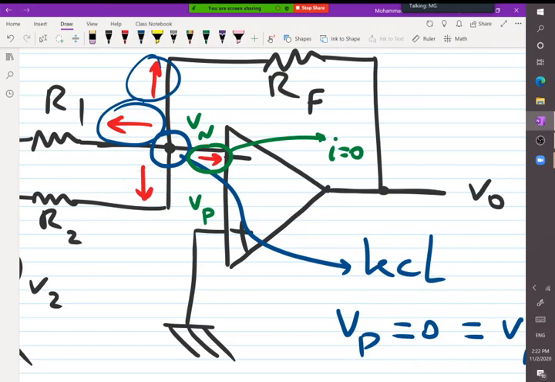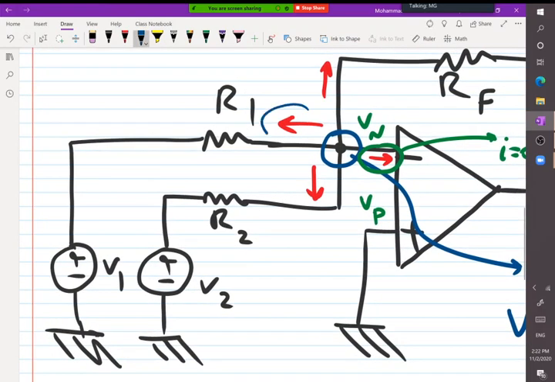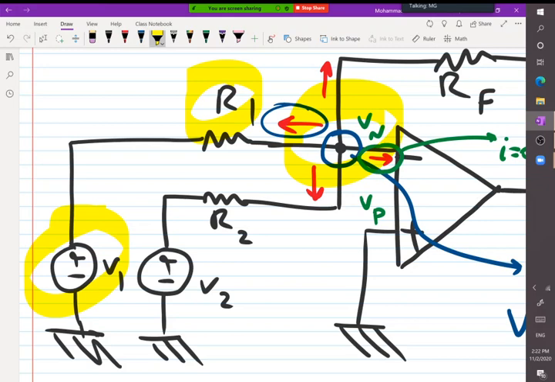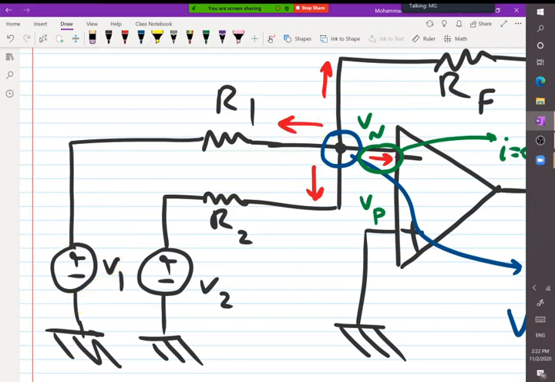Okay, so it's the way we write the case here. So what is this current? The voltage across the resistor R1, which is Vn minus V1 over R1. So this is the value of this current. What is the value of this current that I highlighted?